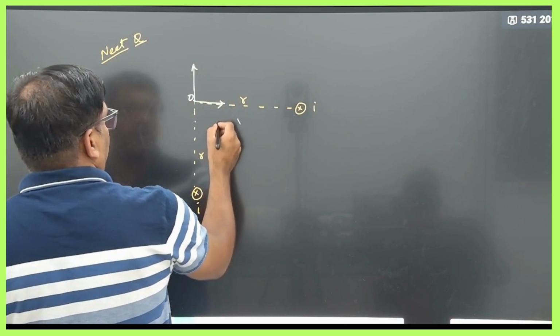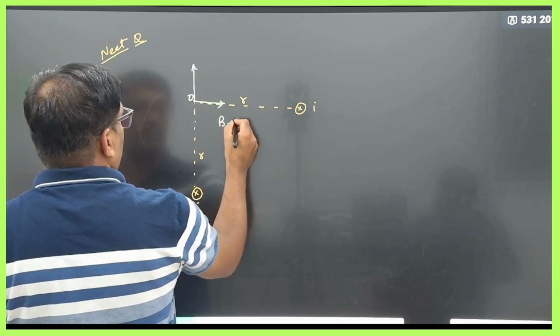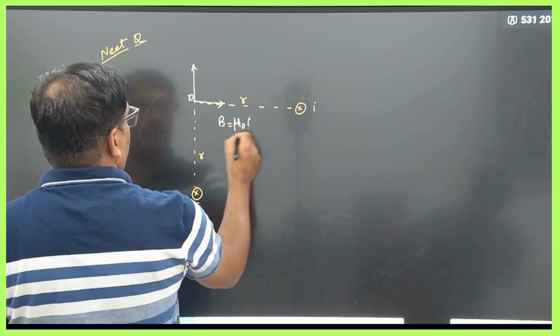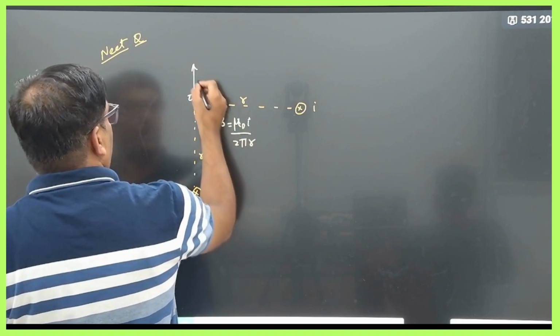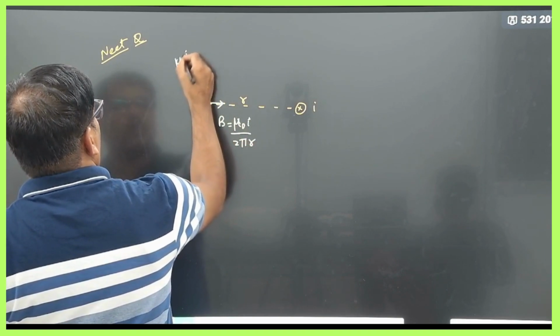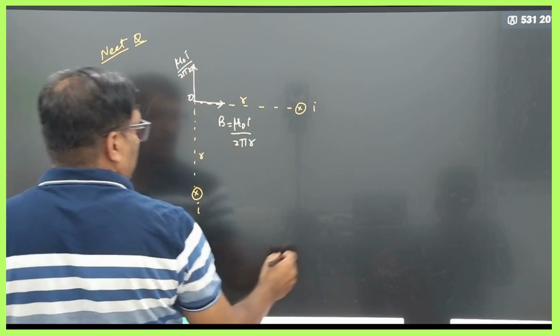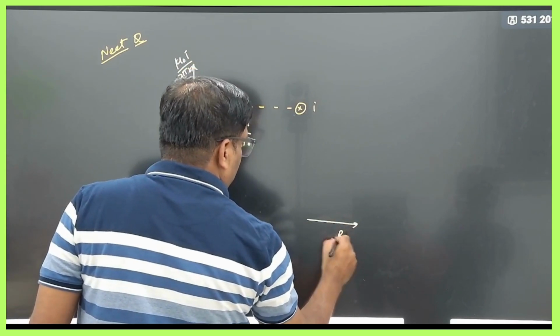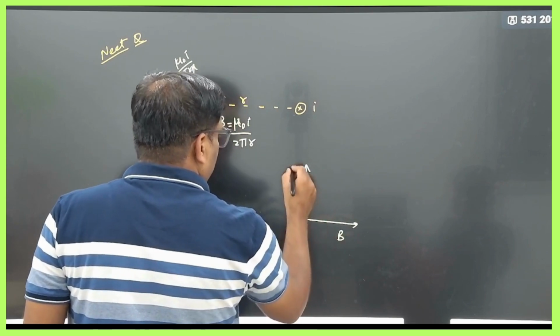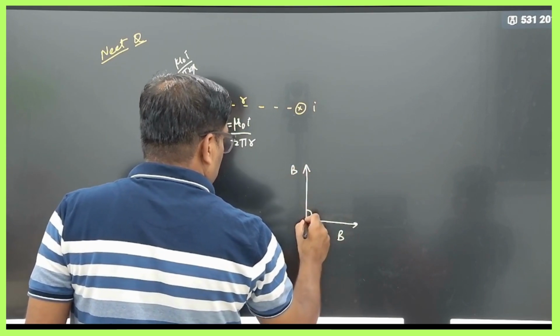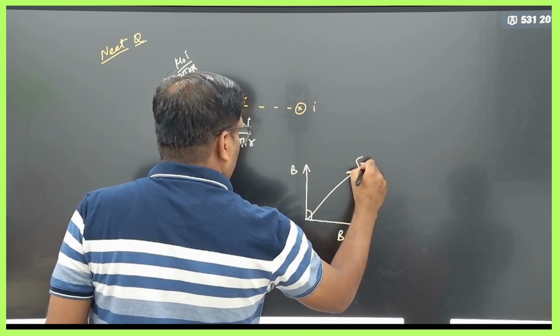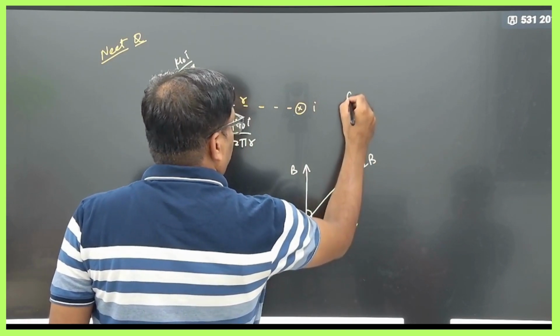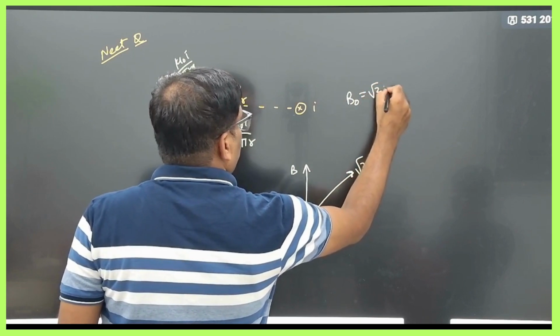How much is the magnetic field here now? B is equal to mu naught into I by 2 pi r, infinitely long. How will it be there now? This side it will be B, and this side is also B. So at 90 degrees, the resultant will be equal to root 2 into B. Therefore, the magnetic field at O is root 2 into B.